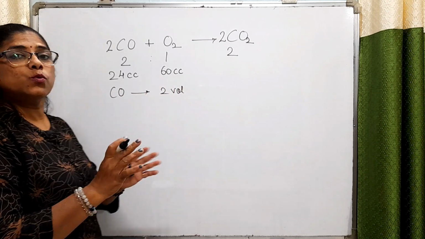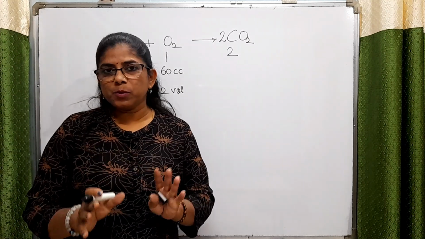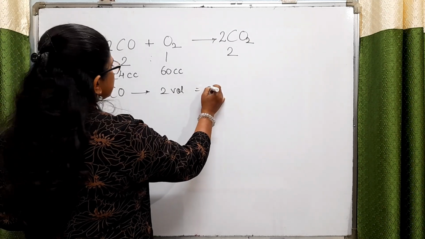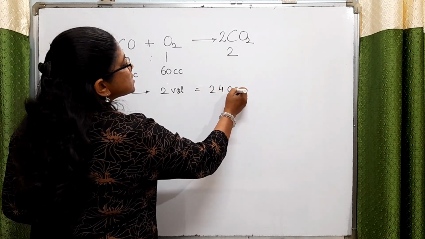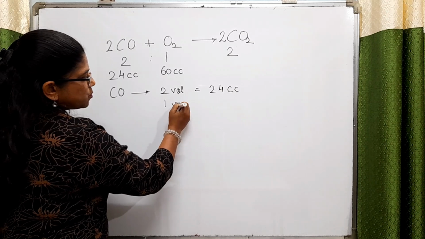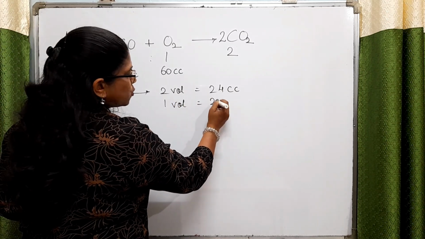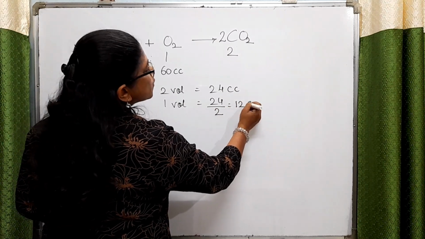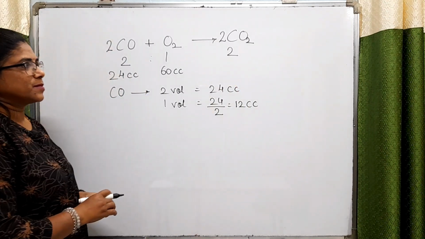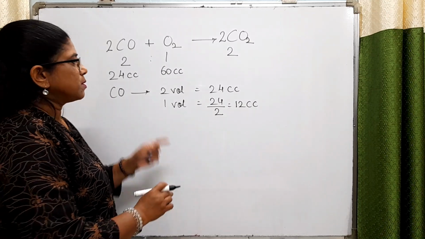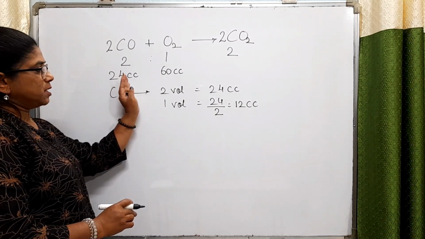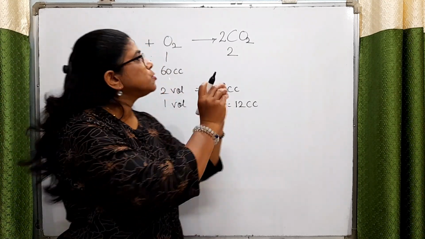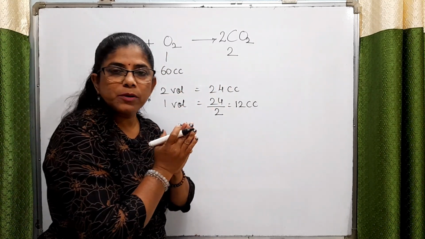is present in two volumes of carbon monoxide. And what is the actual volume of carbon monoxide here? It's 24 cc. So what is going to be the value of one volume? It's 12 cc. So now for this carbon monoxide, only one volume of oxygen is going to be used to form two volumes of carbon dioxide.